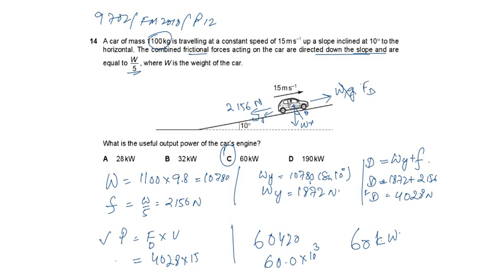The driving force is compensating these two forces, and by this the net force is zero. That means the speed is constant. So the driving force is equal to the sum of the frictional force and the component of the weight. This is the main catch of this problem.